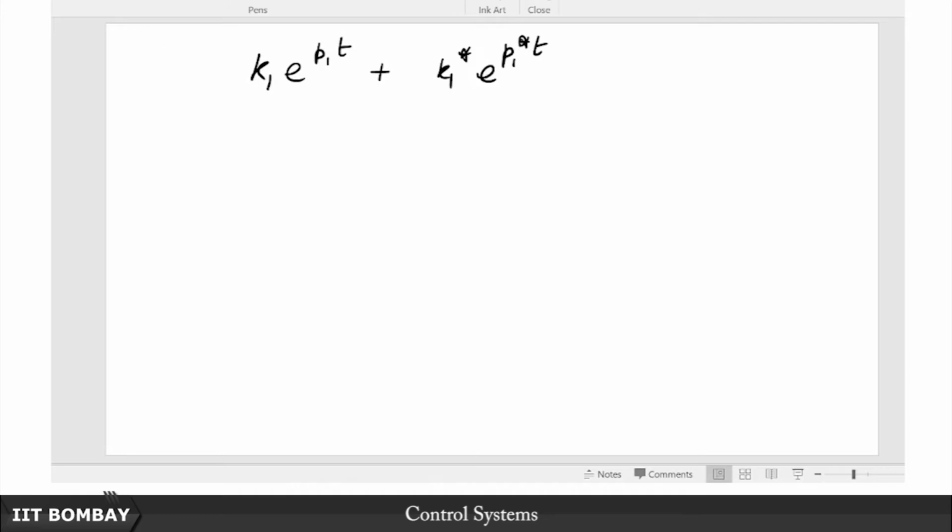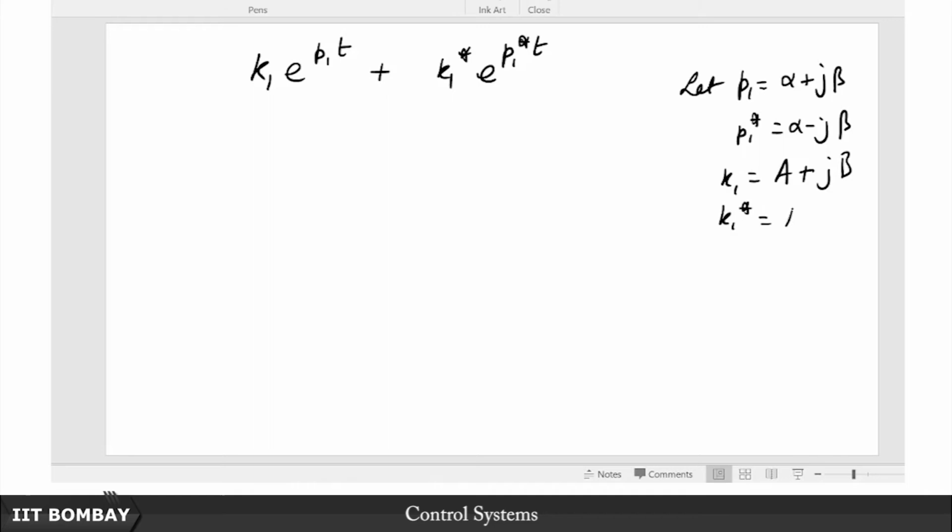So let p1 be equal to alpha plus j beta, therefore p1 conjugate is equal to alpha minus j beta. And let k1 be equal to, let me just use a and b instead of that cumbersome k11, k12, so let us say this is a plus jb, and k1 conjugate is then clearly a minus jb.